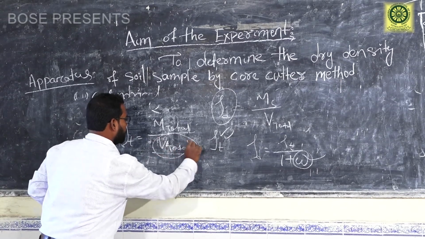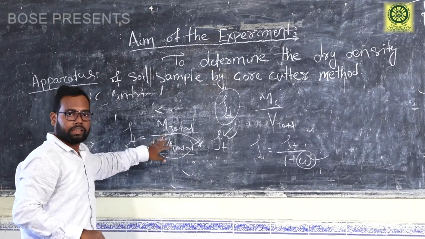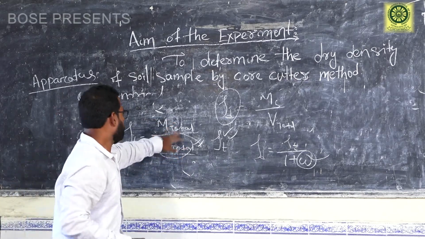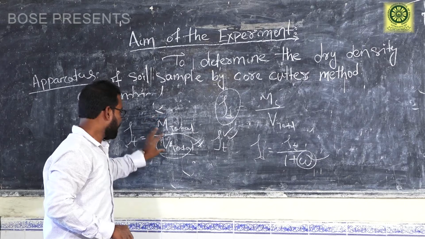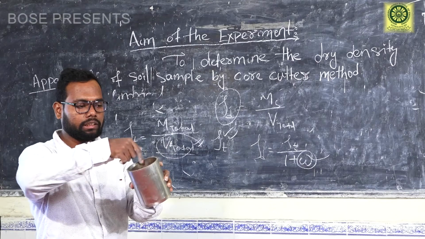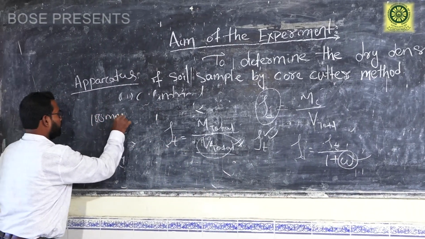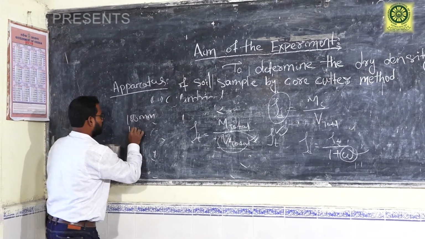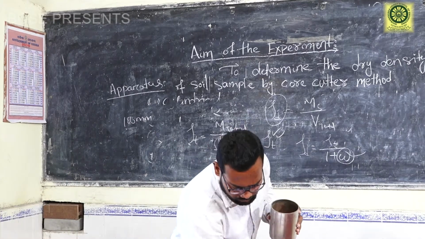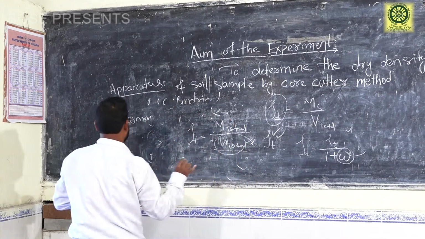So this volume we can calculate. This is the volume of the core cutter which contains the soil sample, and we weigh the soil from the core cutter to find its weight or mass. The volume of the core cutter is known from here: the diameter is 100 mm and the height is 130 mm.